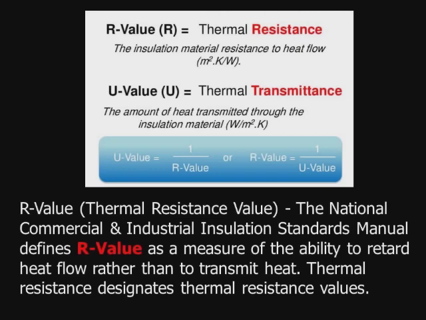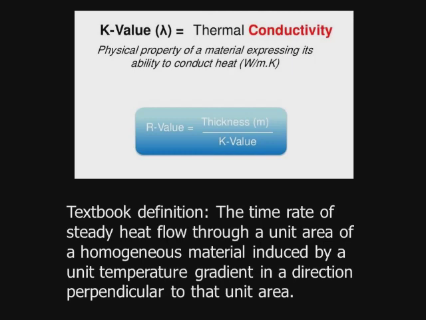The relationship between these two is that the U value is the inverse of R value. What's important to understand is that these terms all have units of measurement. They are absolutes. They are a material characteristic, and every material has its own U value and therefore R value.